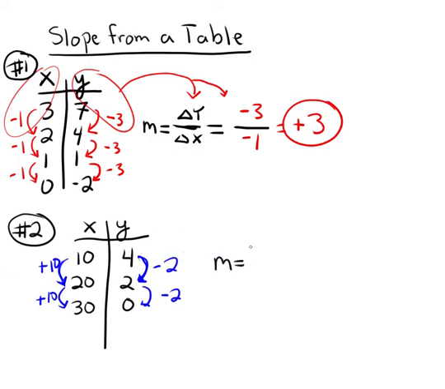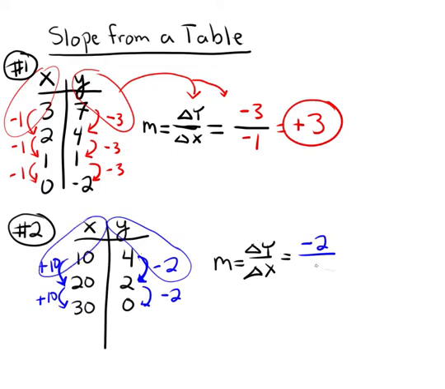M equals the change in y over the change in x. Or if you like to use the rise over the run, you can do that. But I myself really like the change in y because I can see my y here. The -2 is my change in y, so we have to be really careful making sure that we get that -2 in the numerator because of that change in y.